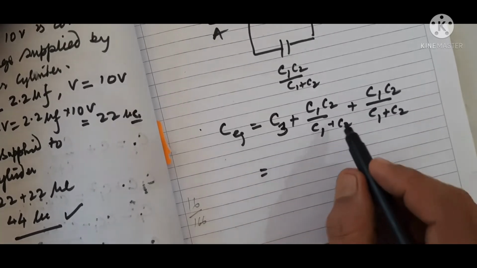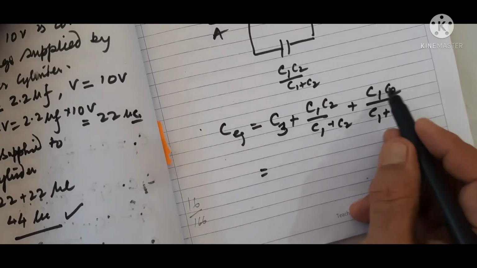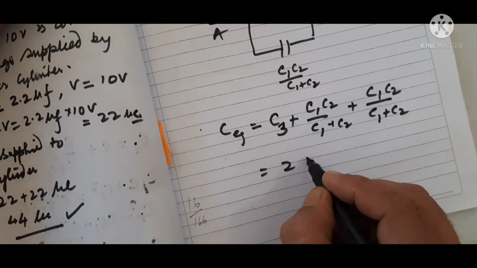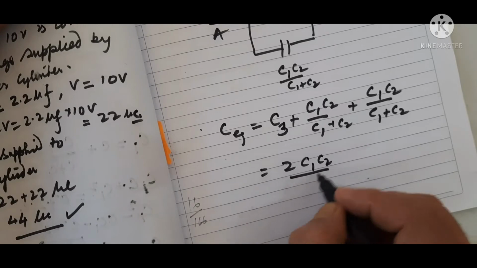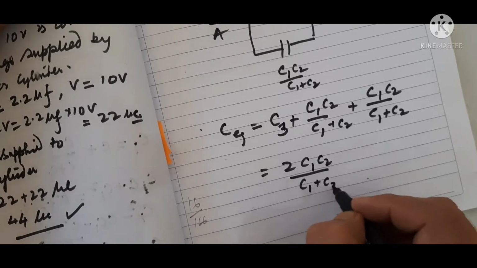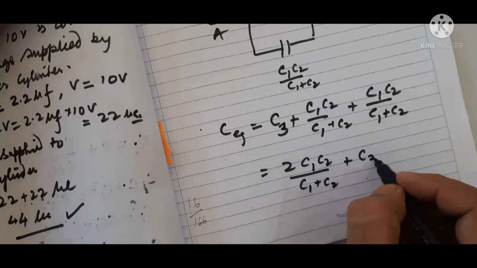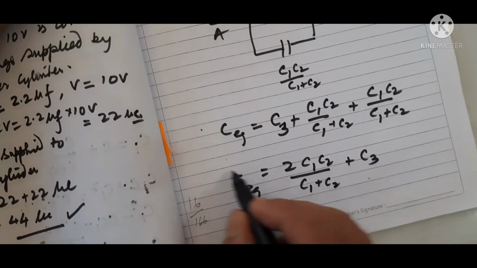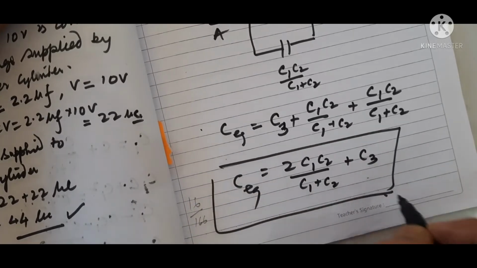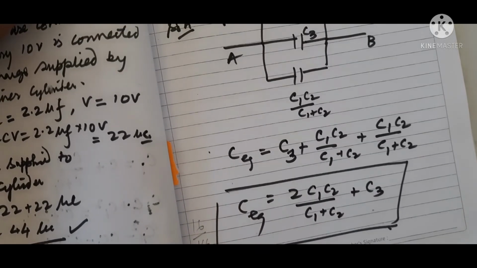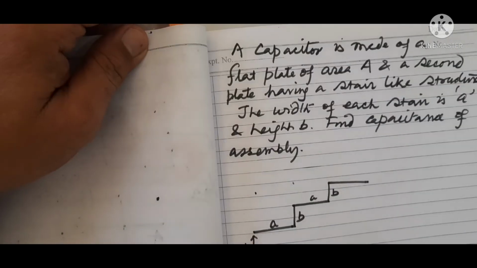What we are seeing here is that the same term is there twice. So we can write twice of C1 C2 by C1 plus C2, plus C3. That is your equivalent capacitance. Right? Another interesting question.